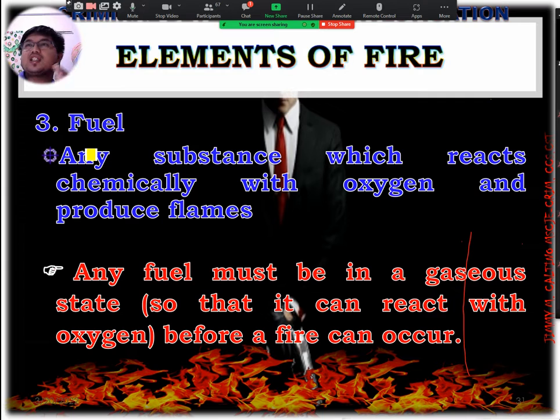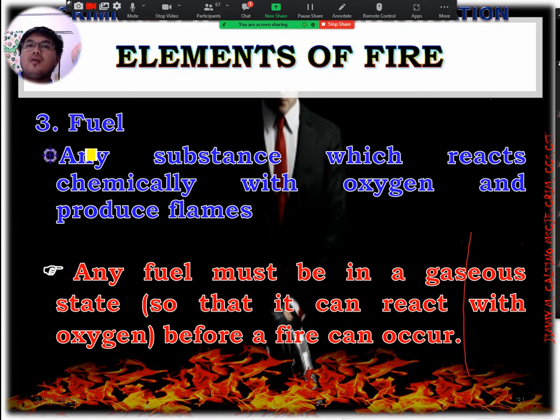So, mamaya, i-discuss natin dyan. Ihimay-himay na naman natin bawat isa dyan. Okay? Tandaan nyo that a fuel must be in a gas state first so that it will react to the oxygen. Okay? Lahat ng susunugin natin, i-discuss ko mamaya yan sa pyrolysis.